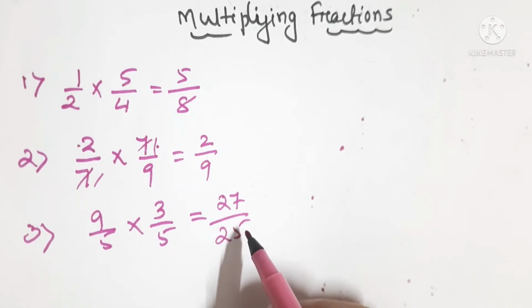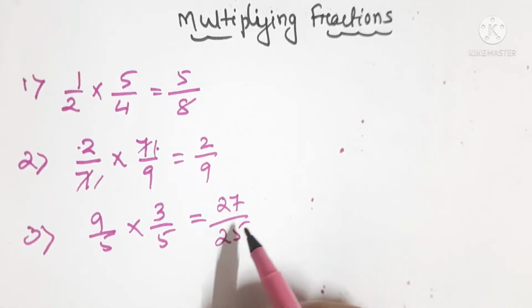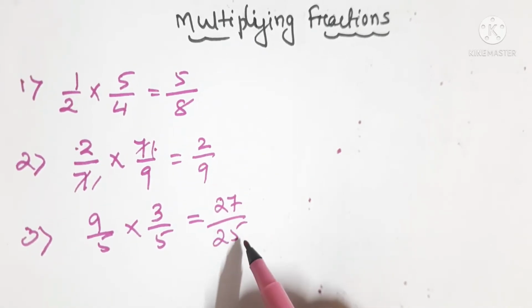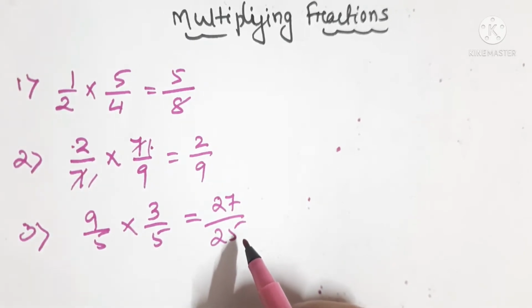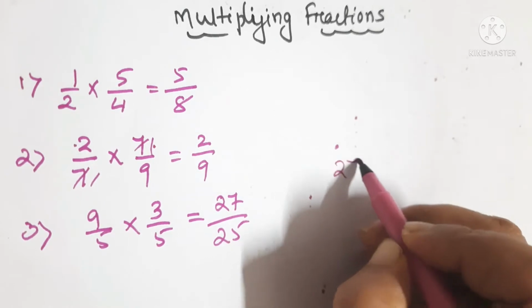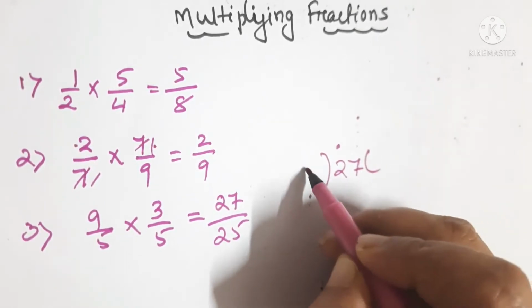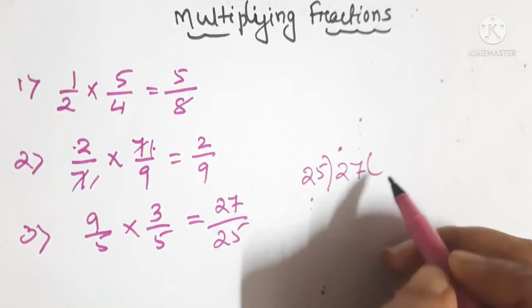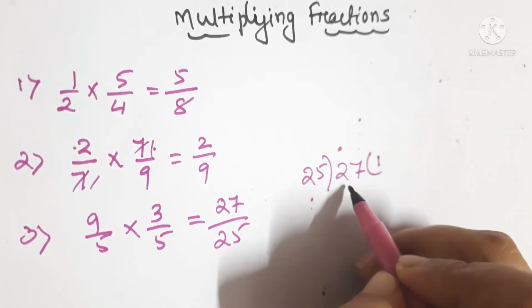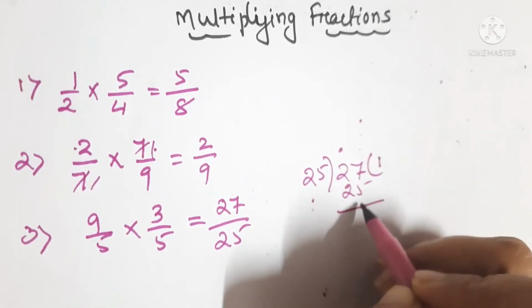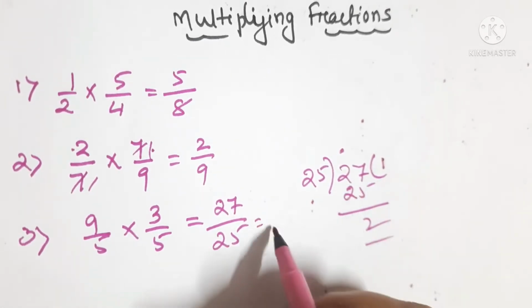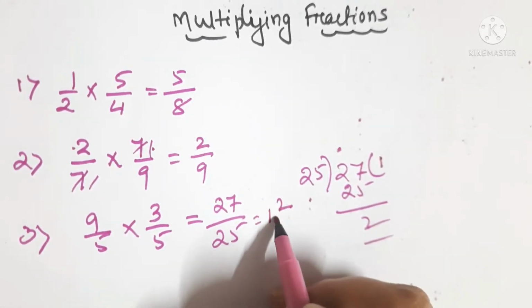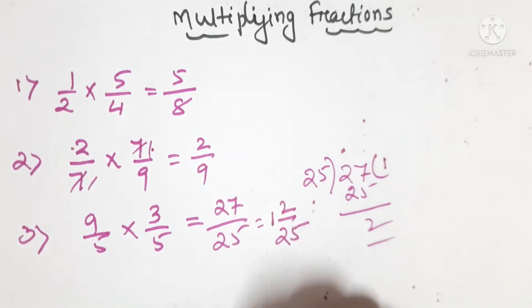But in this case it becomes an improper fraction, meaning the numerator is greater than the denominator. So we need to convert it into a mixed fraction. How? By dividing 27 by 25 you can find out. 25 ones are 25, 7 minus 5 is 2, so you get the answer 1 2 by 25.